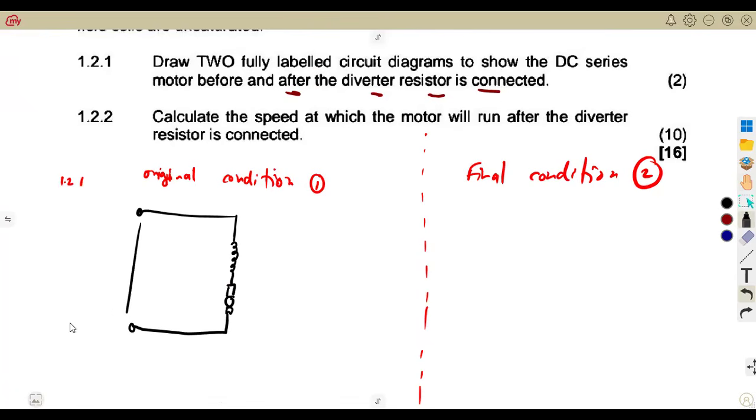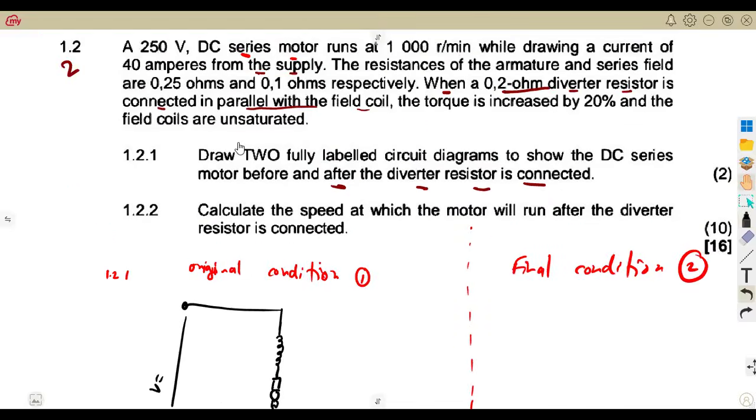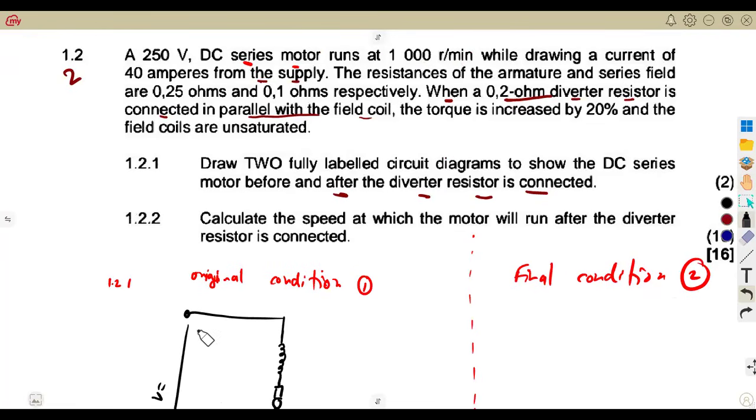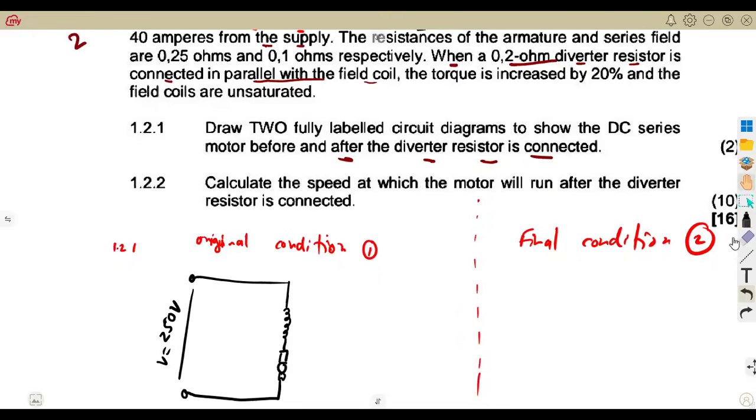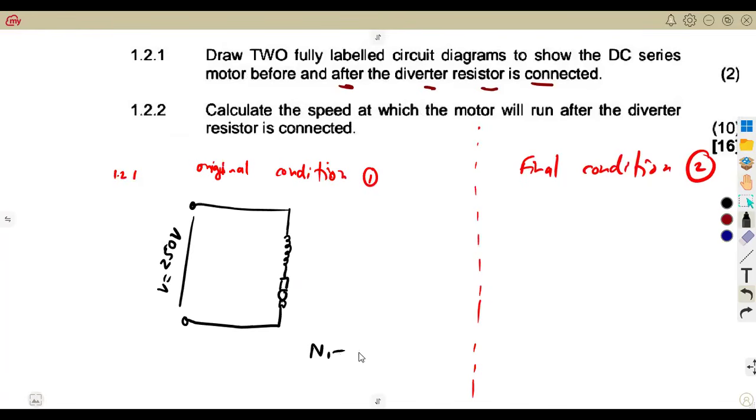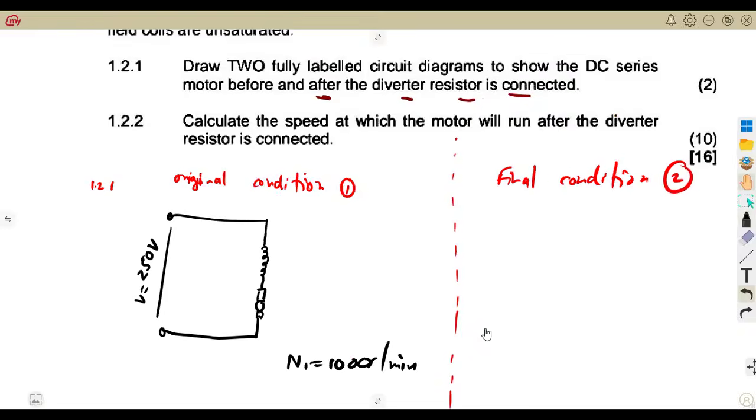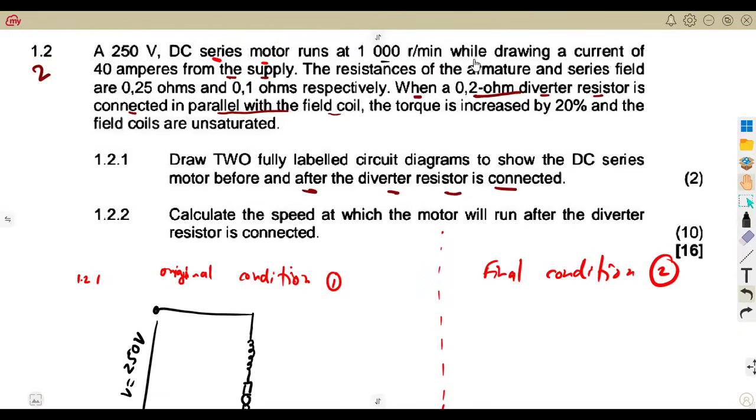That's our terminal voltage, which we are given, a 250 V DC. So that is 250 volts, runs at 1,000, meaning to say that's our initial speed, 1,000 revs per minute. And we are also given that it draws a current of 40 amperes from the supply.